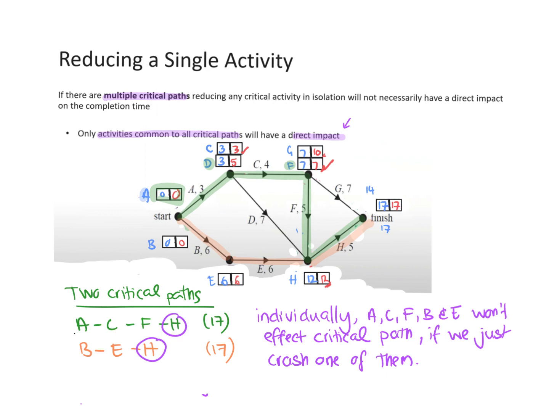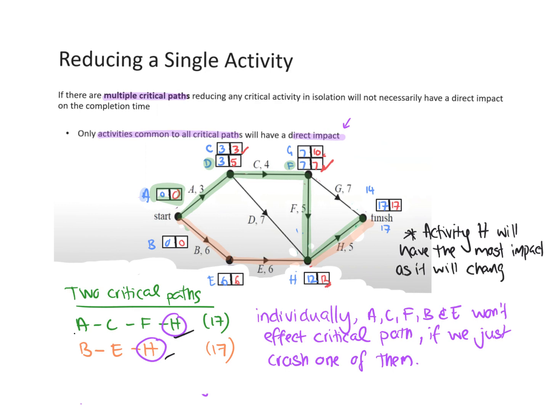So maybe also write a little note here that because H was common, activity H will have the most impact as it will change the duration of the critical path.